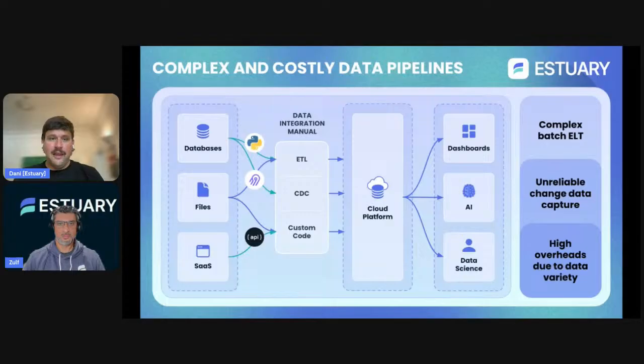So I would like to start with the problem that modern data teams face. If you work in a data team or work closely with data, this picture probably looks familiar. You probably have a lot of CDC systems, batch processors, cron jobs, warehouse transformations, even Python scripts, stream processors, and many other things that seemingly all serve the same purpose, which is moving data from point A to point B, optionally transforming it on the way.